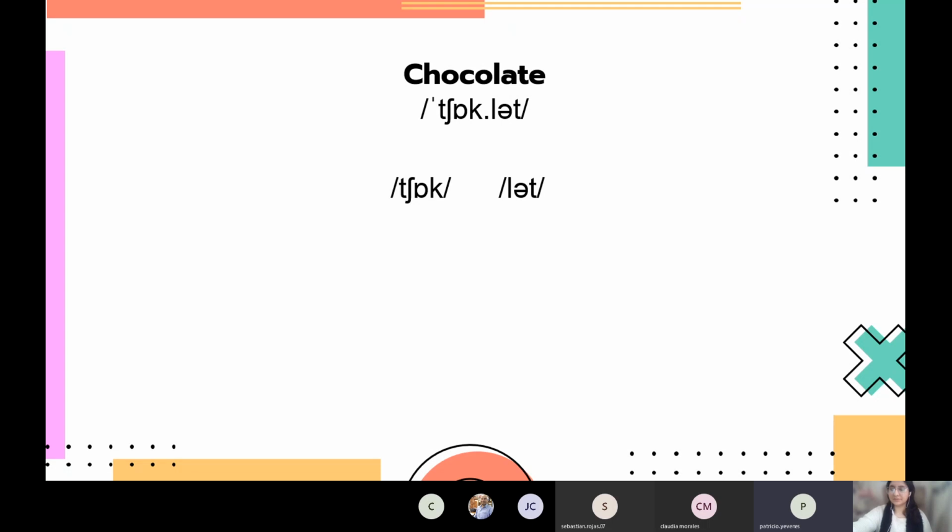A syllable always needs to have a vowel sound. Vowel sound. So we have a nucleus. It's called the nucleus. Yes, perfect. It has a vowel sound in the middle, and in this case it also has an onset, and both of them also have codas, right?